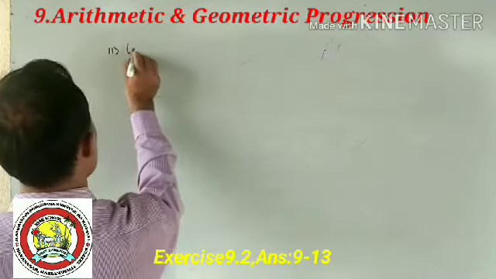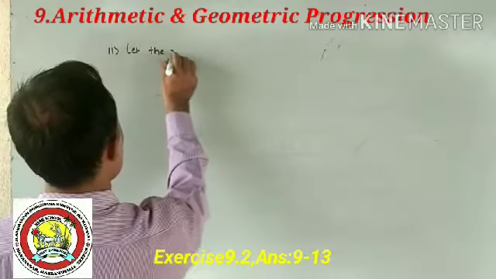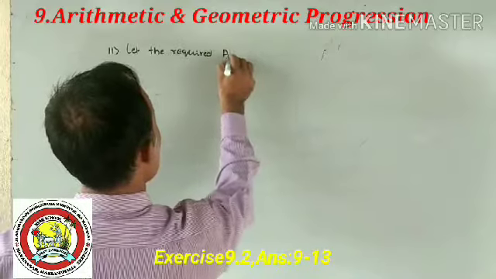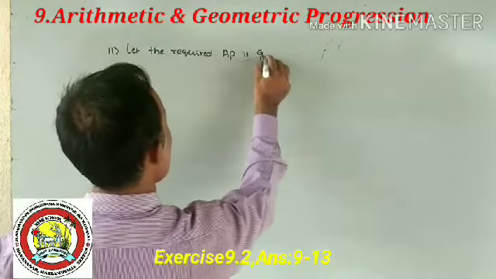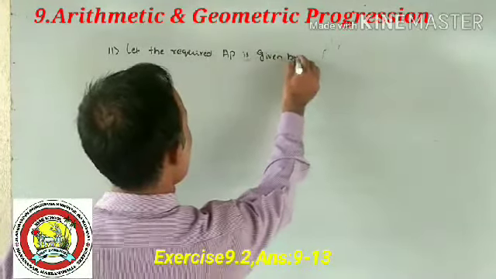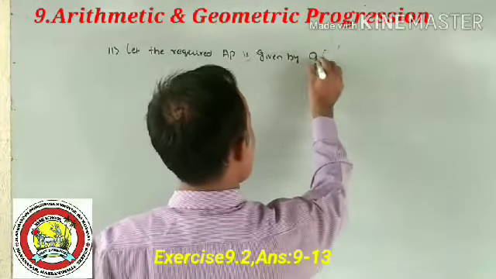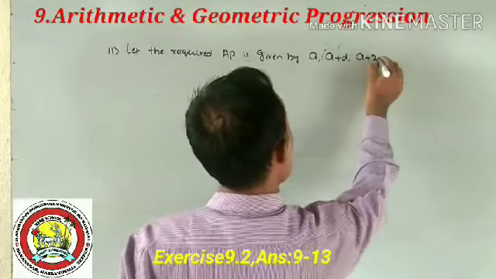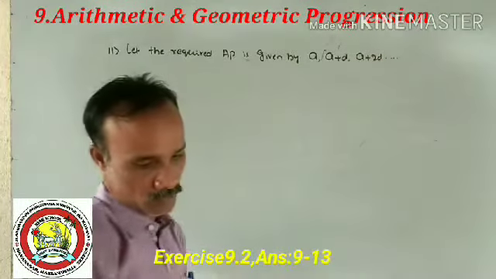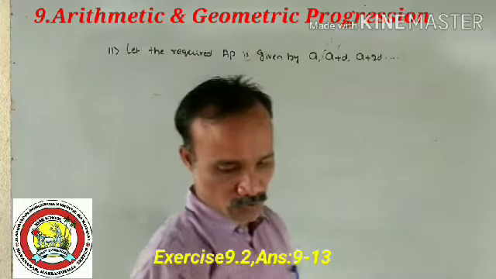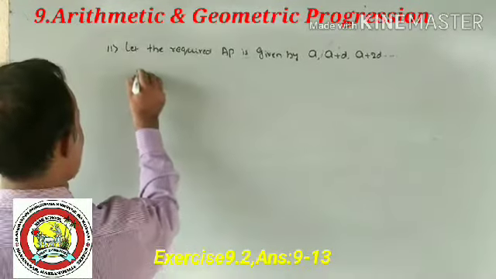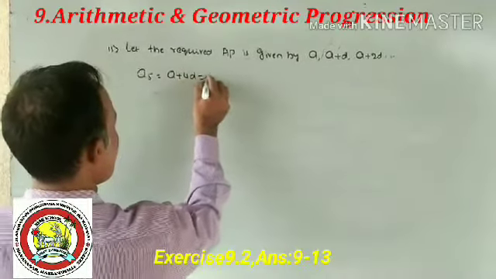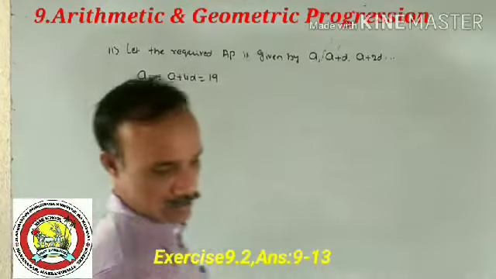Let the required AP be given by 3 terms: a, a plus d, a plus 2d, and so on. Now, whose fifth term is 19? Fifth term, A5. According to standard form, a plus 4d is equal to 19.